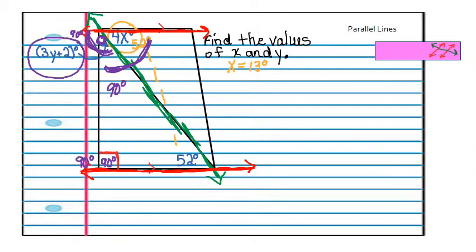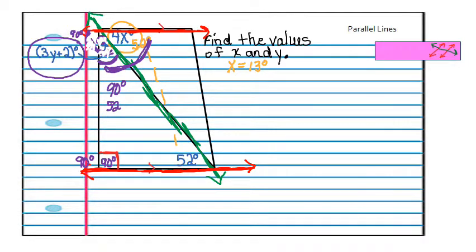So, knowing that part of it is 52, that means the rest of this angle inside here is the difference of 90 degrees, take away the 52.